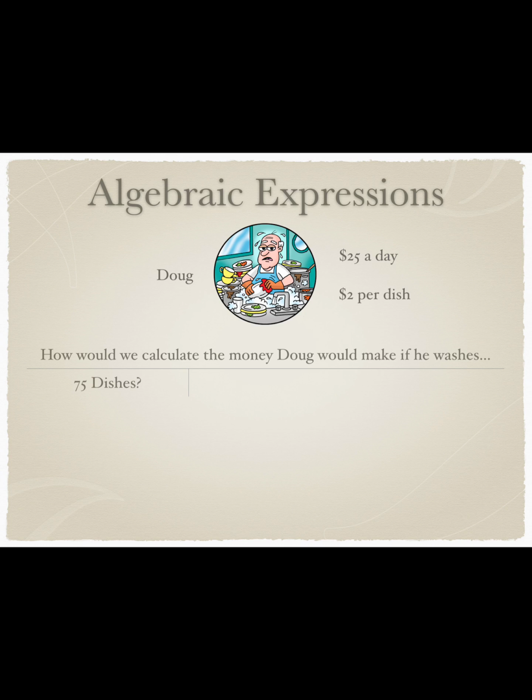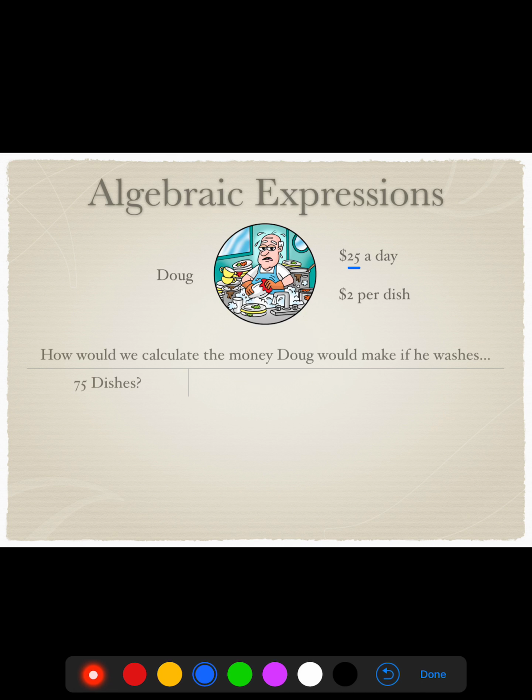So what do we know? We know that he earns for sure $25 a day. That is always constant, okay? We also know that he earns $2 per dish. I see a connection here because he has washed 75 dishes. Somehow these two have to be connected. Well, if he earns $2 per dish and he washes 75 dishes, it would naturally be 2 times 75. $2 per dish.